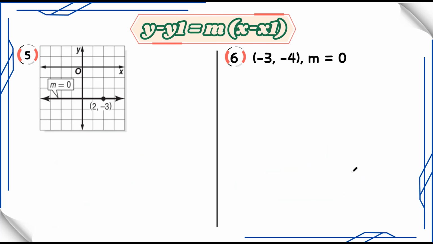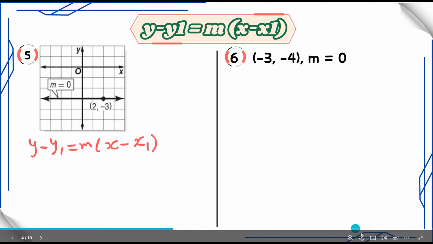What about if we have a horizontal line like this? It's the same. You have a point, you have a slope. Y minus y1 equals m multiply x minus x1. The next step here, what should we do? We substitute like we said before.